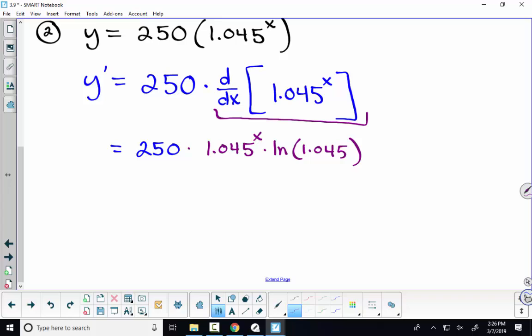Okay, 1.045 to the x power times the number ln of 1.045. What do y'all think? And really what we're not seeing is also times the derivative of x, but that's just 1, so there's your derivative.